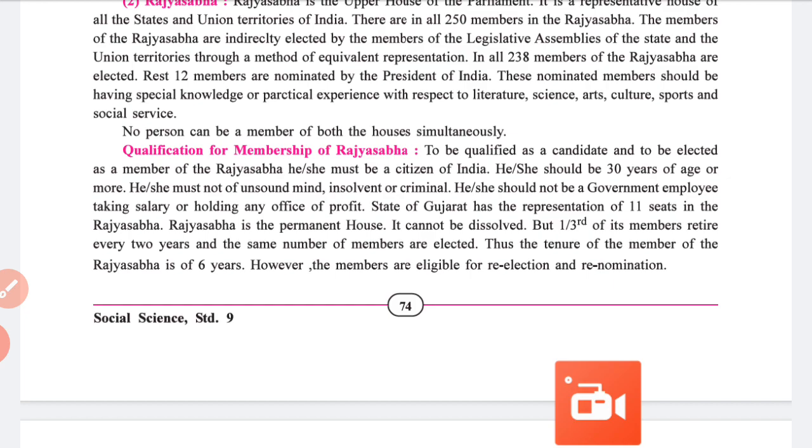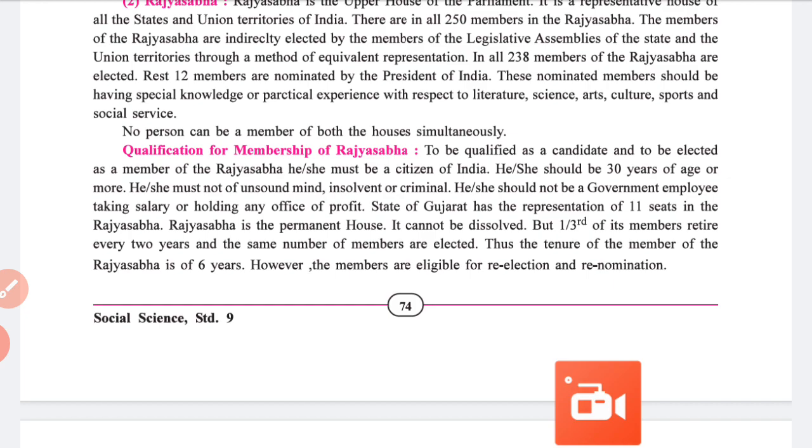Rajya Sabha cannot be dissolved, but one-third of its members retire every 2 years, and the same number of members are elected. Thus, the tenure of a member of Rajya Sabha is 6 years. However, the members are eligible for re-election and renomination.